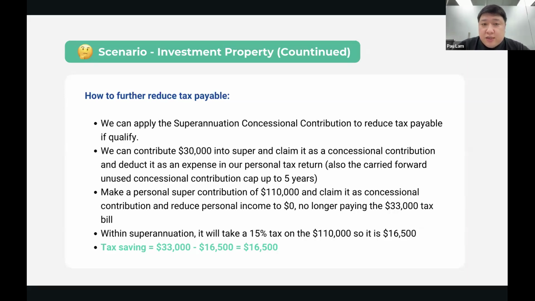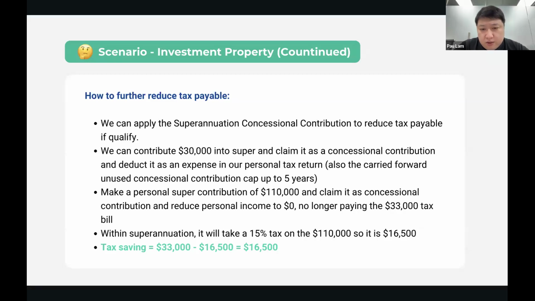You pay zero because now your position is no income for the year. And within your personal superannuation, the super fund would take out 15% tax on this $110,000 that you contribute as a concessional contribution, which ends up being $16,500.